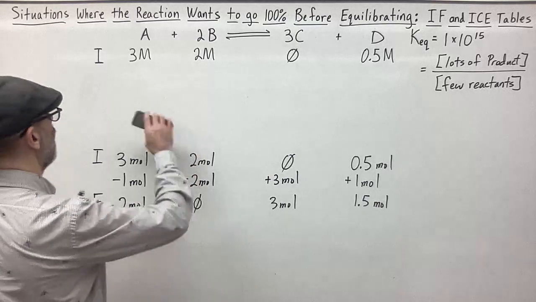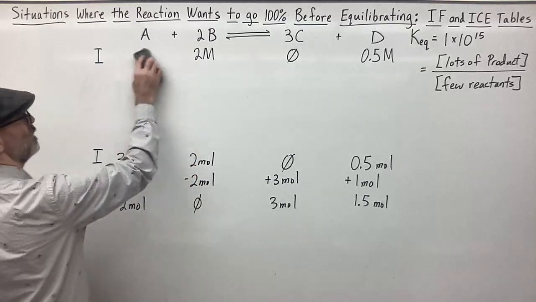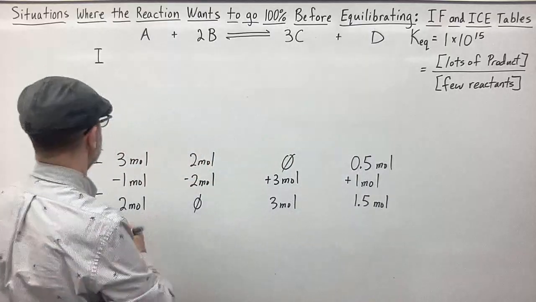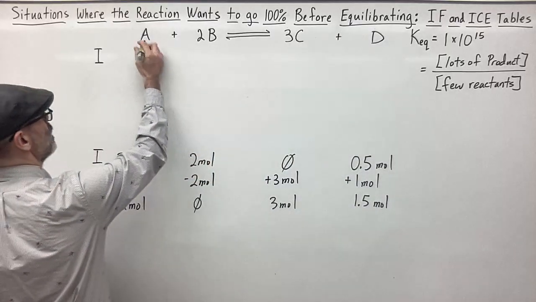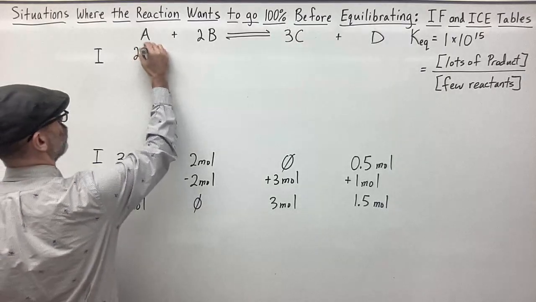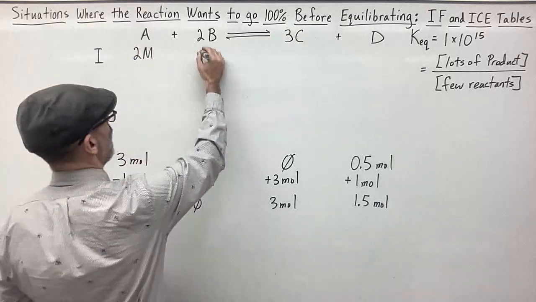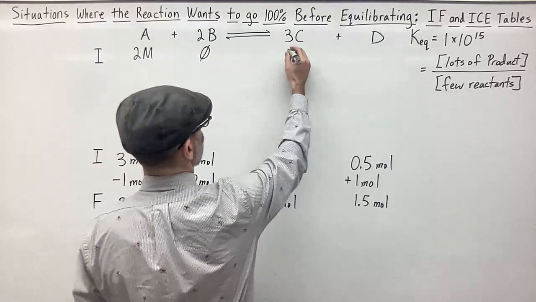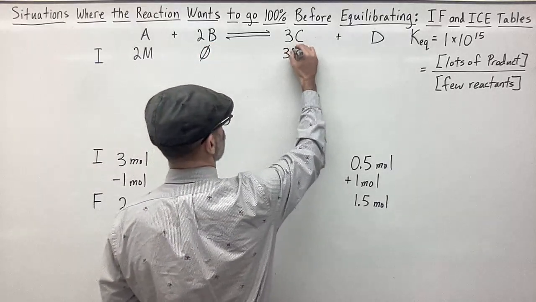Now I can change this, right? So at the initial concentration, it's going to be 2 molar here. I have 0 here. 3 divided by 1 is 3 molar.